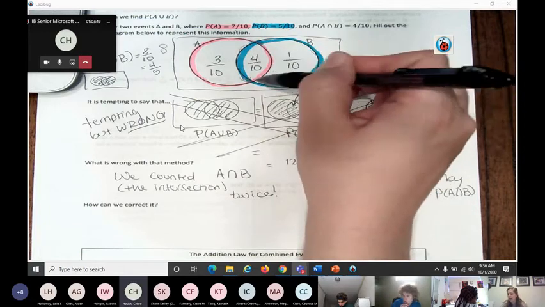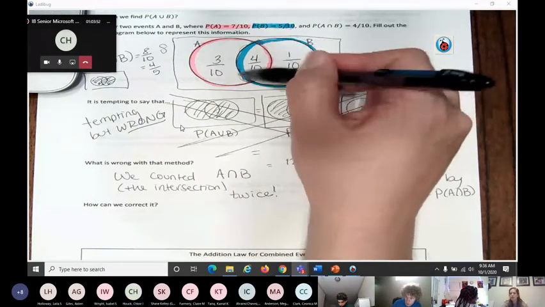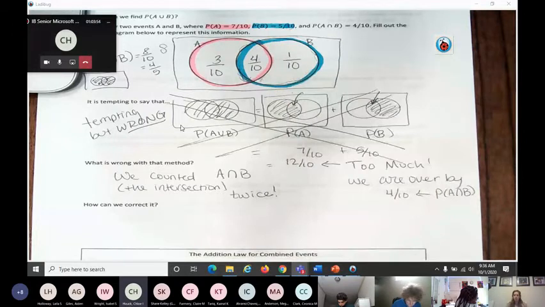Well, actually, yeah. So do A remove B, and then B remove A, and then add the intersection, maybe. So that is possible, but that's a lot more work than we want to do. But it does work.